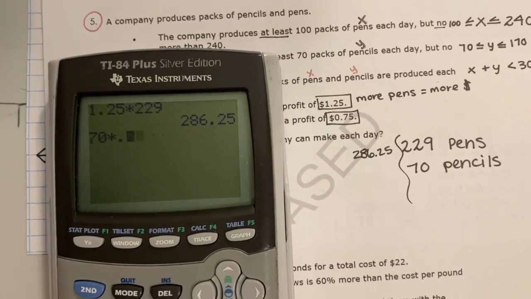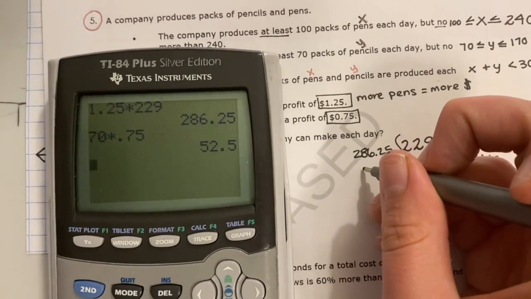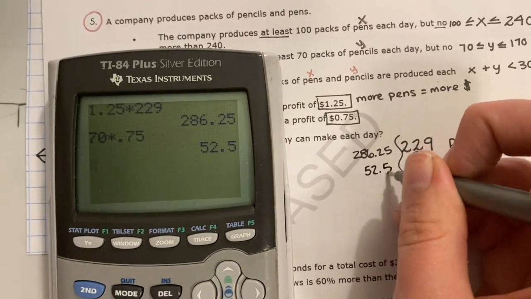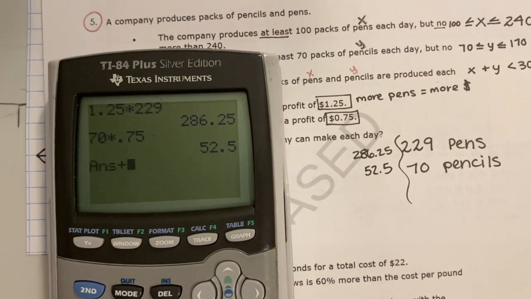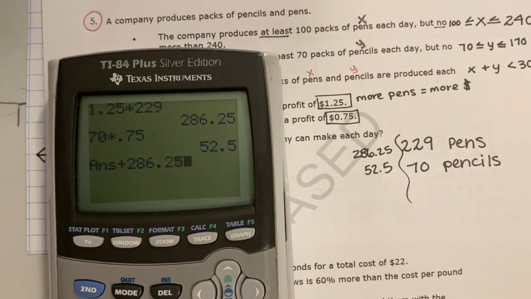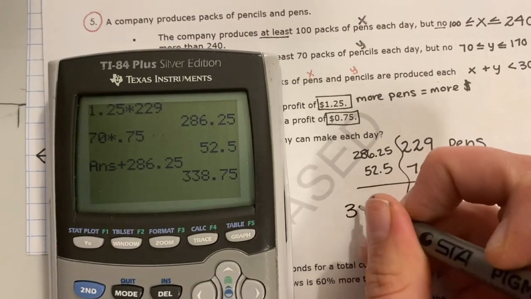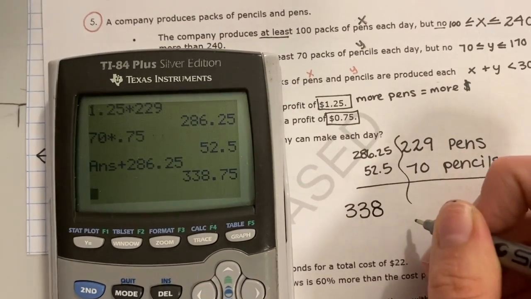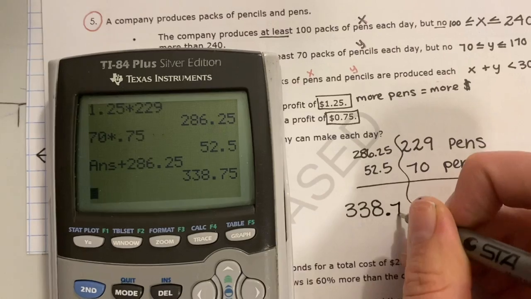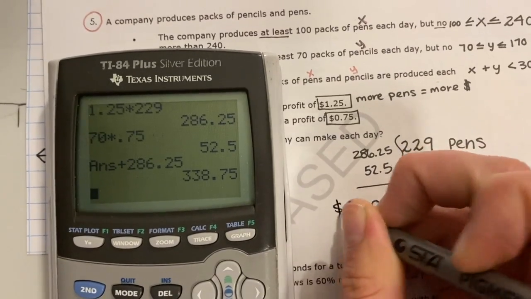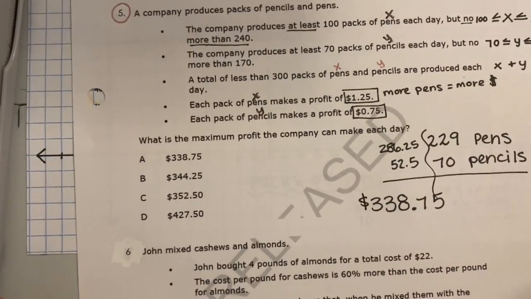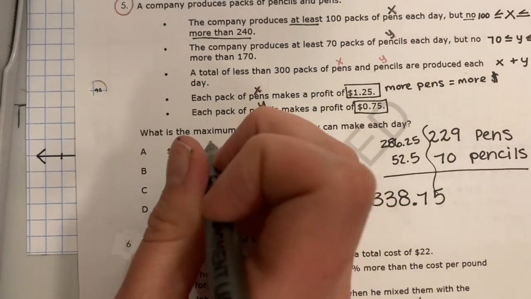Then 70 times 75 cents per pencil pack. I'm going to add these two values together. And I get a maximum profit for the day of $338.75. And then I look over here and see my answer.